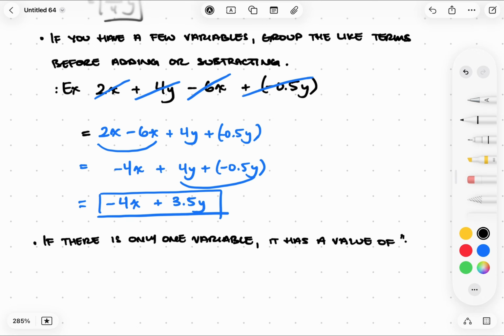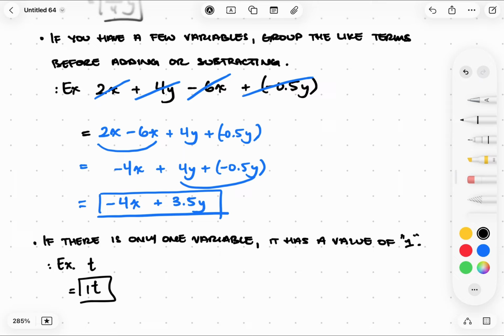I don't usually write my ones like that, but I'm trying to so that we don't mistake it for an I or something like that. So for example, if I have the letter T, then that really equals 1T. And that's it, okay?